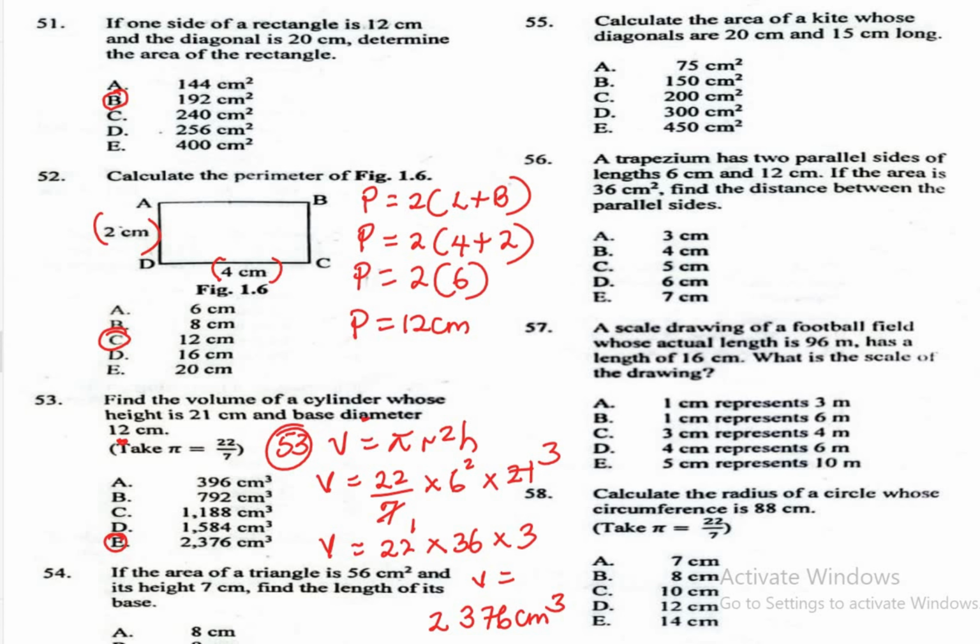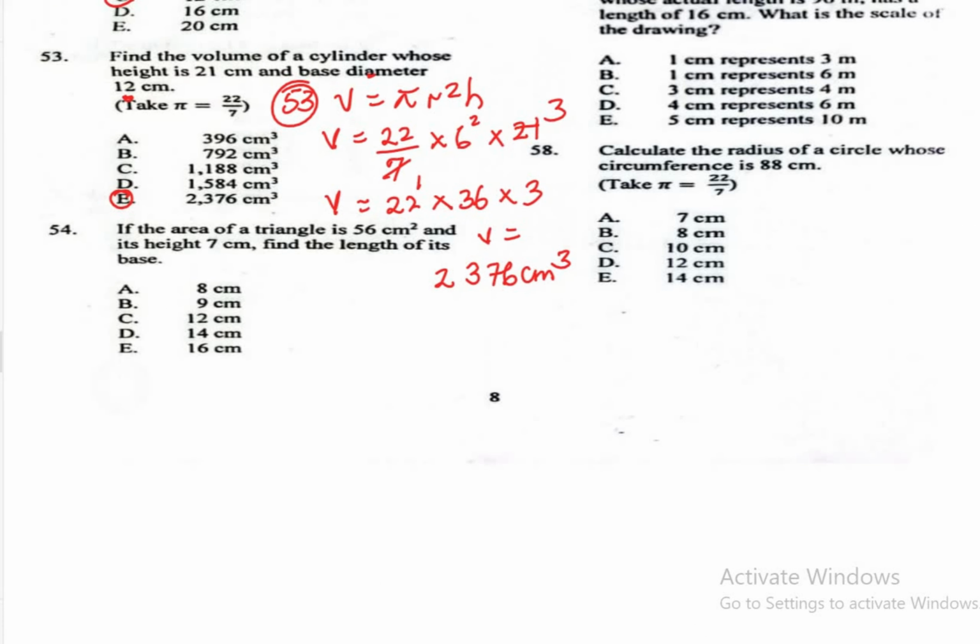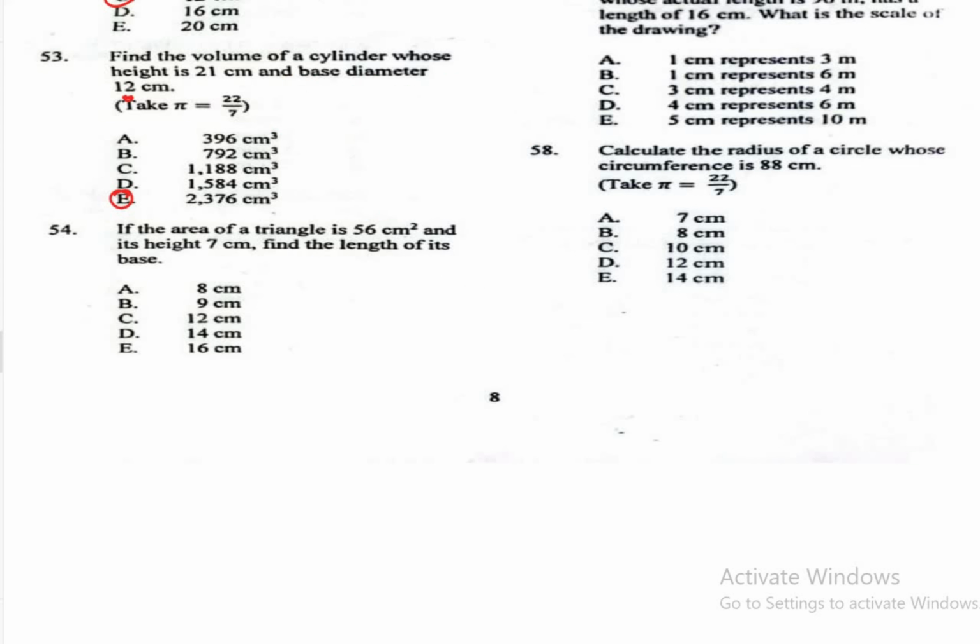All right, let's go straight to question 54. Question 54 says, if the area of a triangle is 56 centimeters squared and its height is 7 centimeters, find the length of its base.